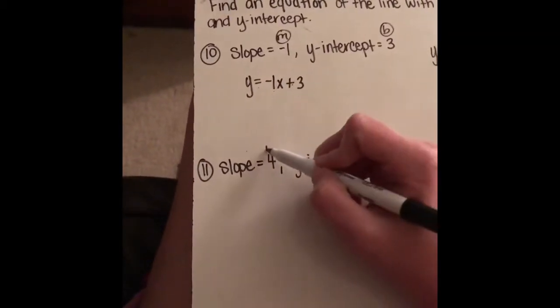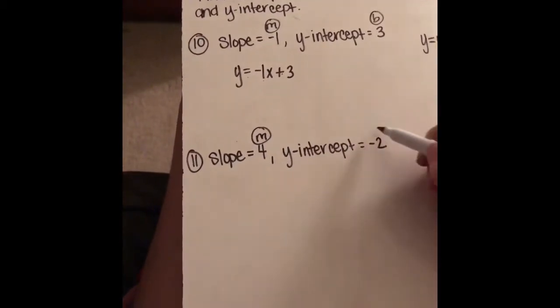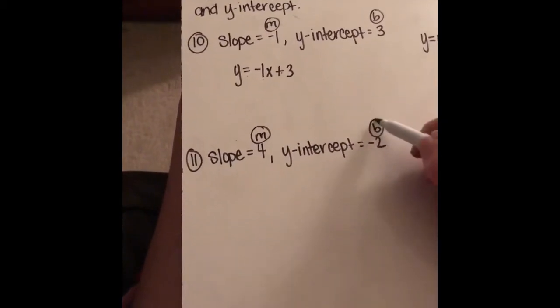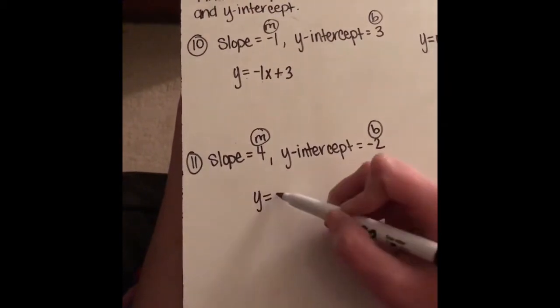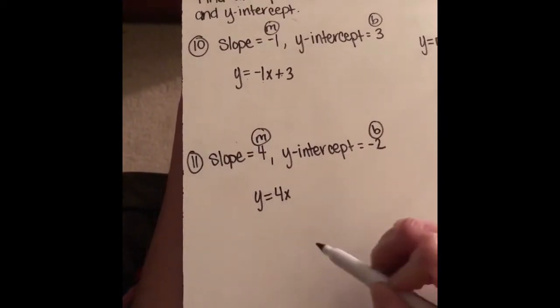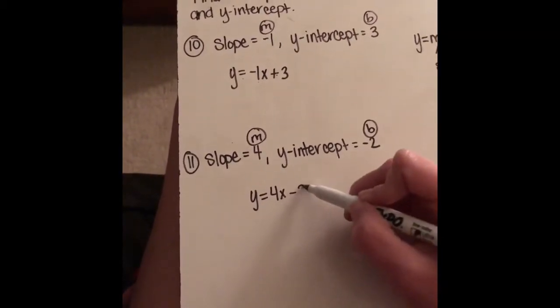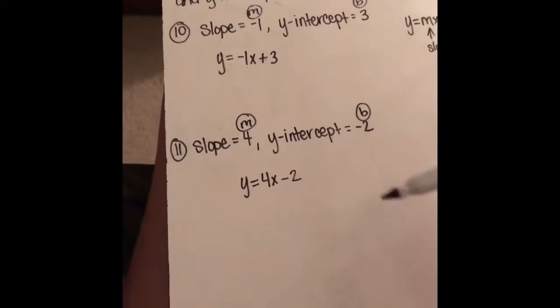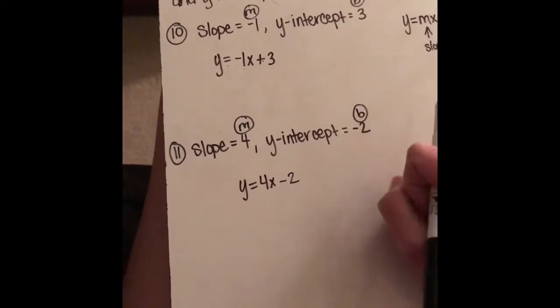The slope is your m, and the y-intercept, -2, is your b. Okay, so y equals 4x, and you could say -2, because it would be just plus -2, so you could say -2.